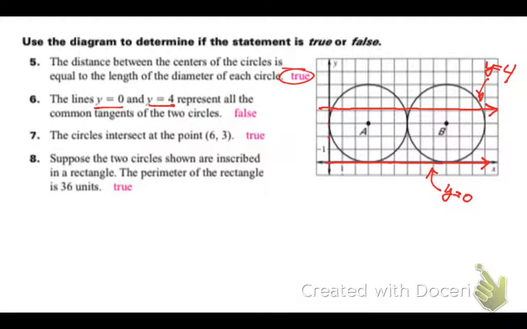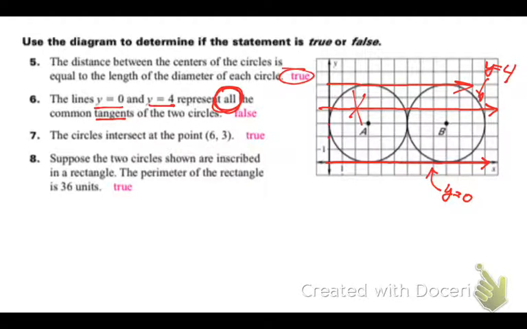Okay, and this states that it represents all the common tangents of the two circles. And there's no way that that's true because this isn't even a tangent. If I had drawn it up here at y equals 6, you could make an argument that maybe. But the key word here is all.